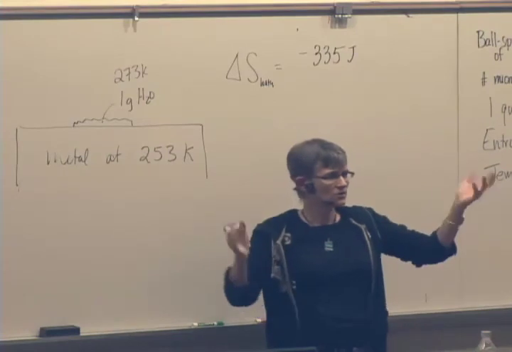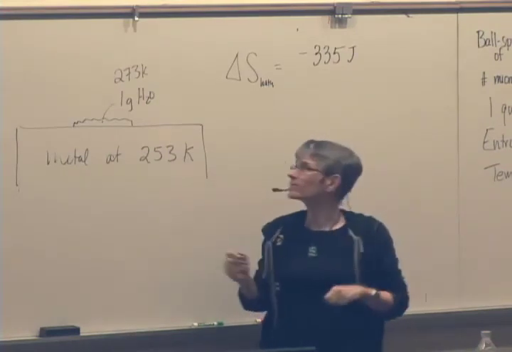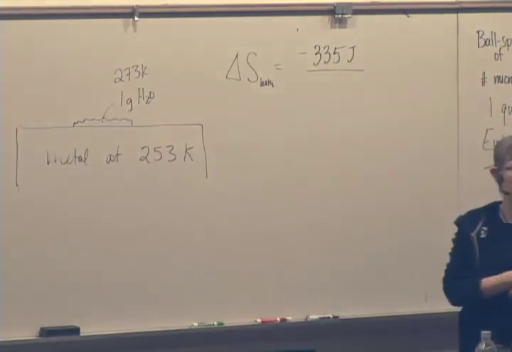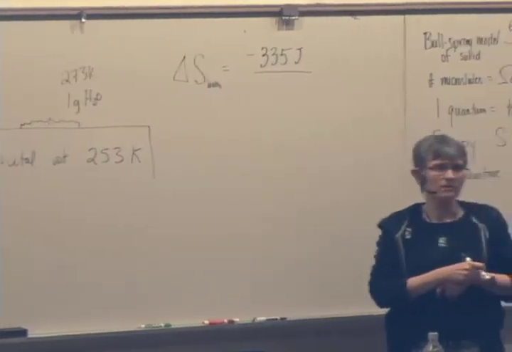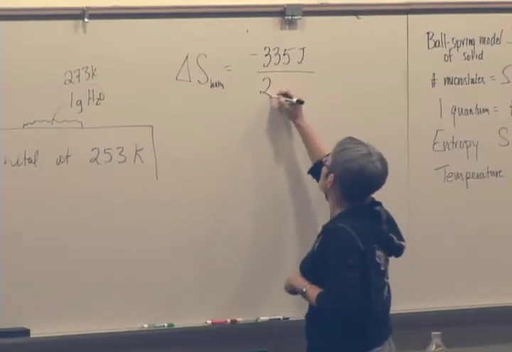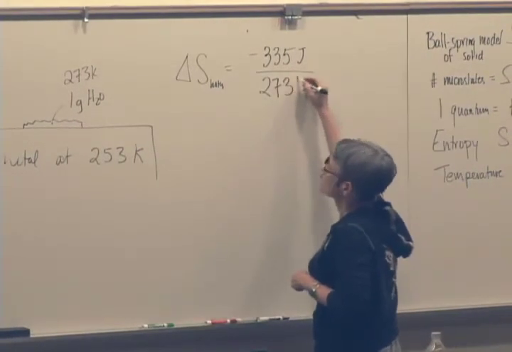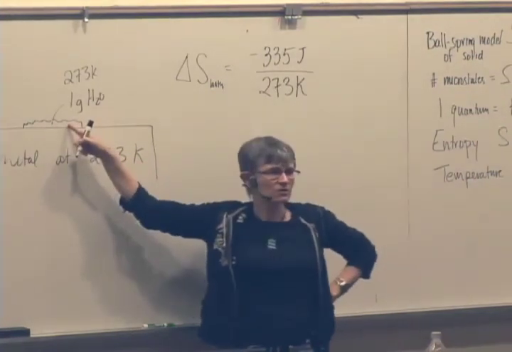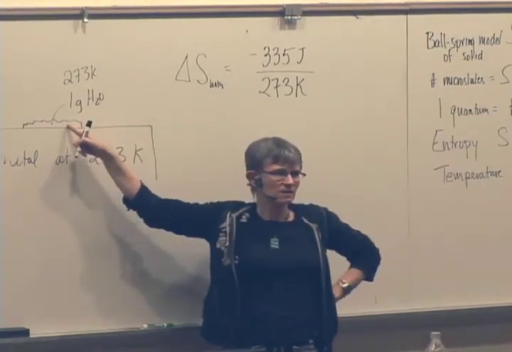If something freezes, it's losing internal energy, right? And divided by what? 273. So does the temperature of the water change when it's freezing? Yeah, we saw that curve, right?